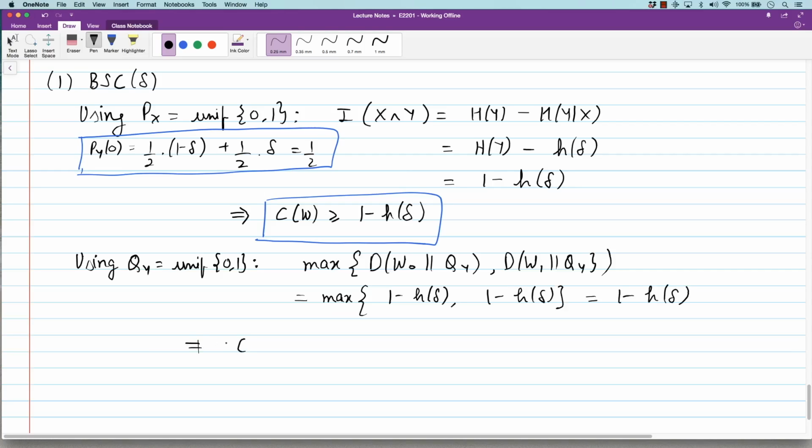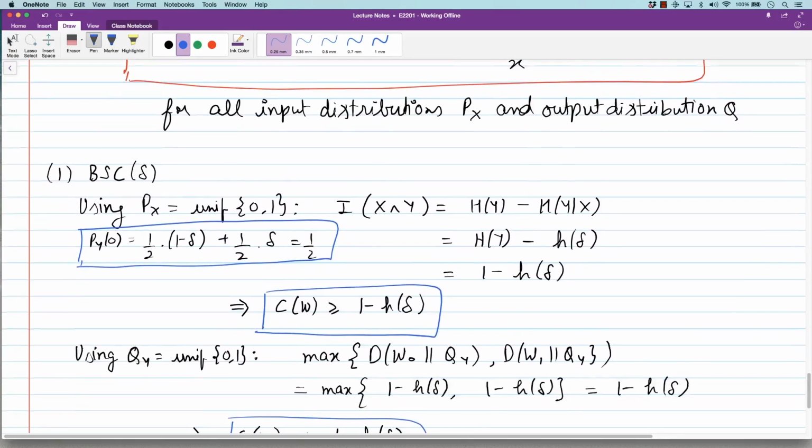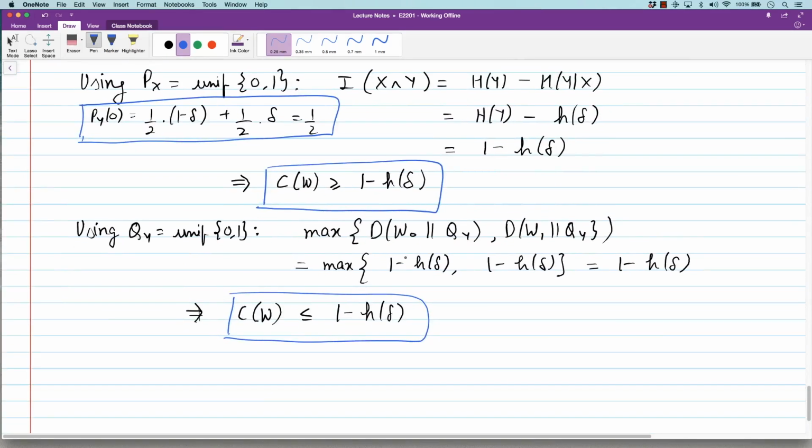Therefore, again by the duality bound, this C(W) must also be less than or equal to 1 minus h(delta). Okay, yeah. So because we have an output distribution, so this is less than this. I was a bit fast here, but you can confirm this. For uniform, the divergence between any distribution and uniform is log of the cardinality of the alphabet minus the entropy of the distribution. So in this case, the alphabet is binary, so it's just 1. Okay, so we have both bounds.